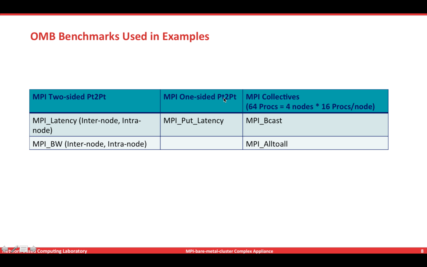The second category is MPI one-sided point-to-point communication. We'll use the MPI put latency benchmark to do this. And for MPI collectives, we'll run the MPI broadcast and MPI alltoall benchmarks over 4 nodes. Each node will run 16 processes, which means in total we have 64 processes running.